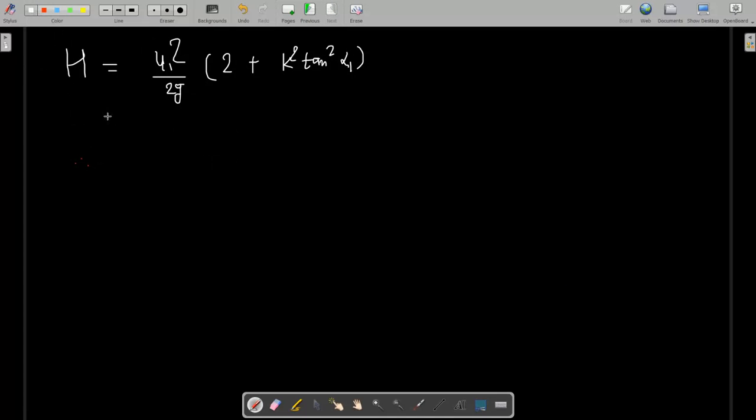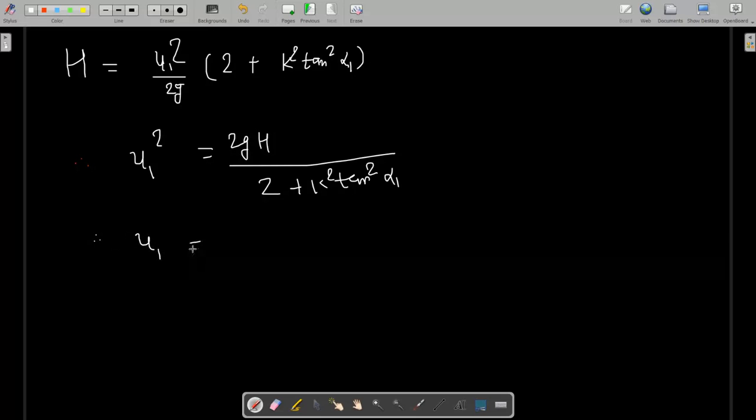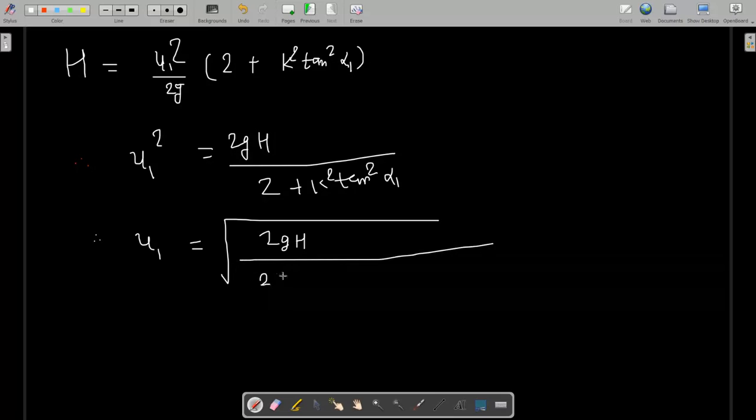Then we send all the values to the other side, so U1 square will become 2gH divided by 2 plus K square tan square alpha 1, and just take the square root on both sides, so U1 is the square root of 2gH divided by 2 plus K square tan square alpha 1. Okay, so this is the answer to our question.